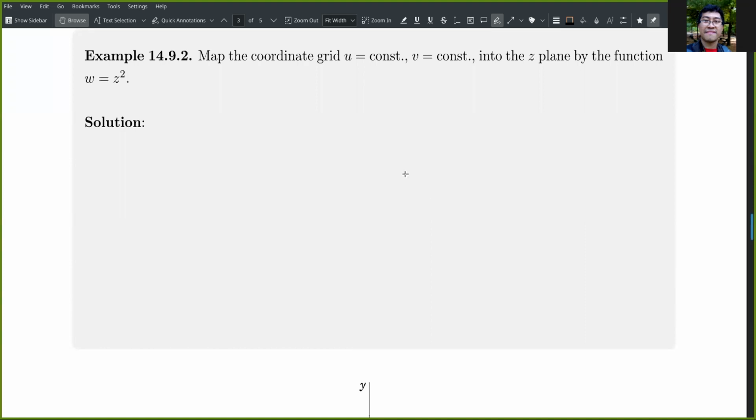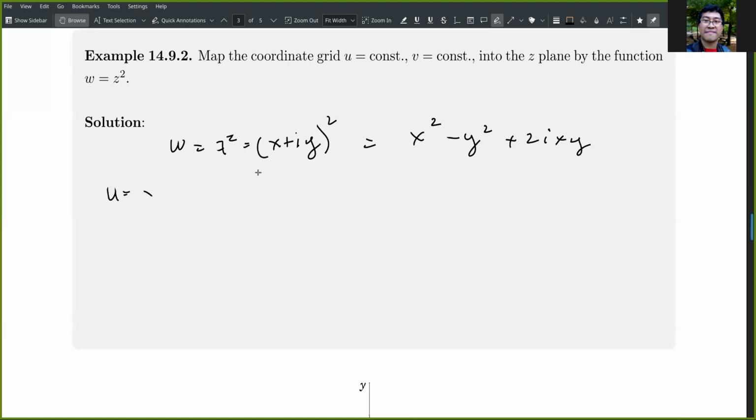Another example: map the coordinate grid u equals constant, v equals constant into the z-plane by the function w equals z squared. So we write w equals z squared, which is (x plus iy) squared. In this case, we expand this, so we have x squared minus y squared plus 2i xy, which means that this is our u, and this is our i v.